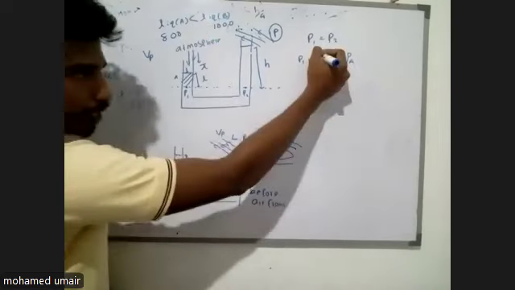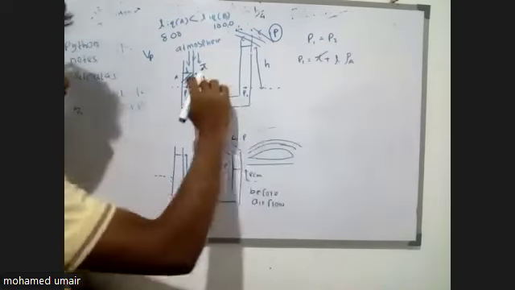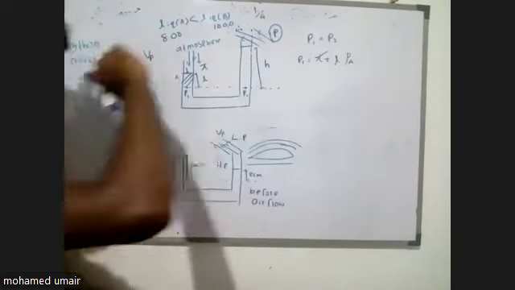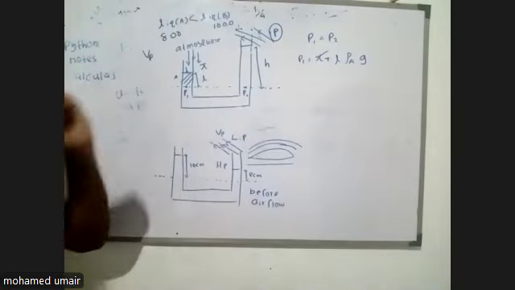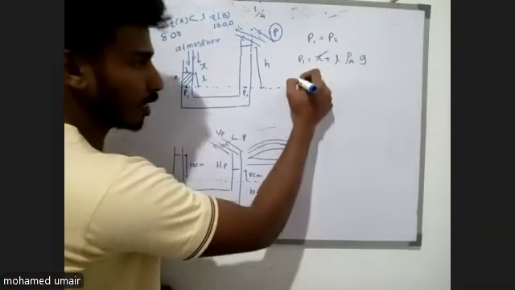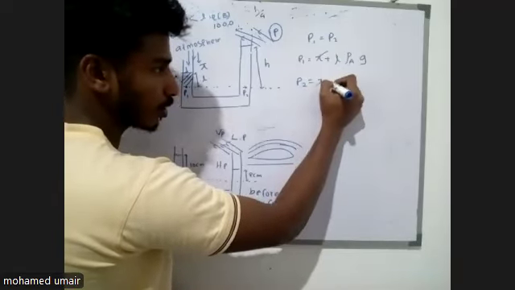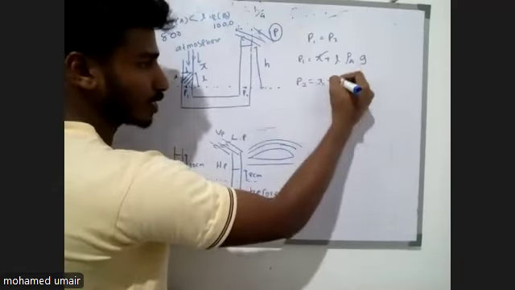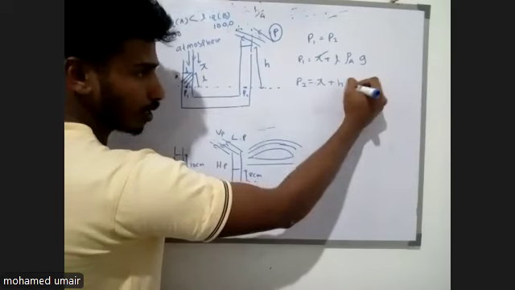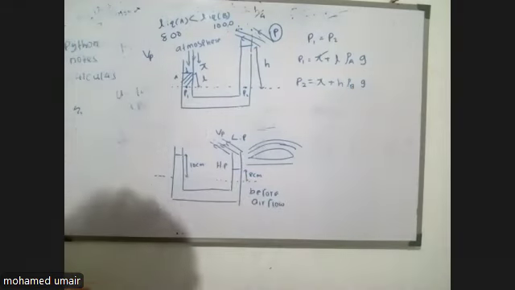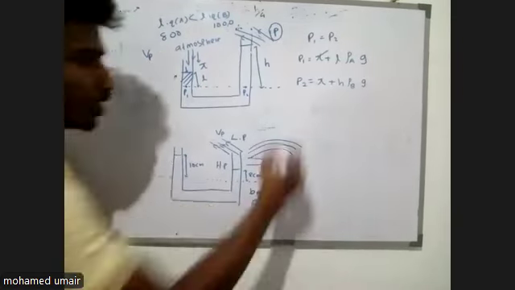Atmospheric pressure is Pi. Height of the liquid from the common interface is L. Density of the liquid is rho A into g. So this is my pressure at P1. Similarly, if I write for P2, Pi plus the height of the liquid is H, density of the liquid is rho B times g. And we already know that the pressures are equal at this point, P1 is equal to P2.